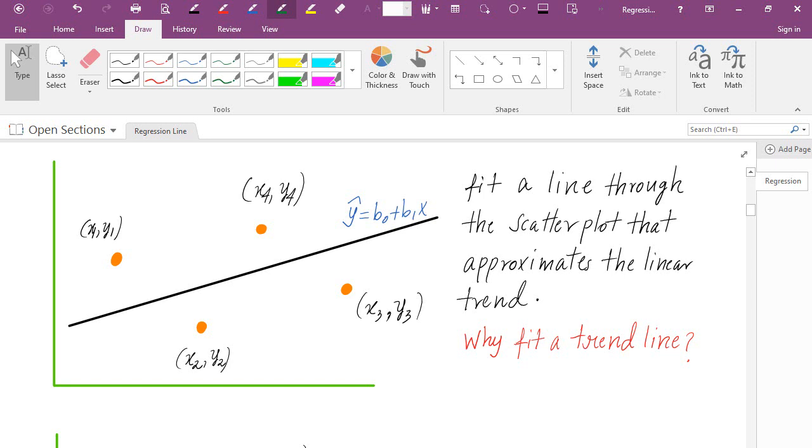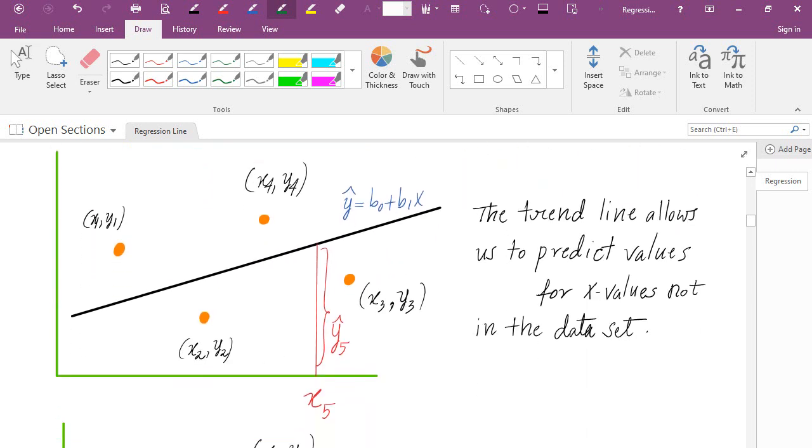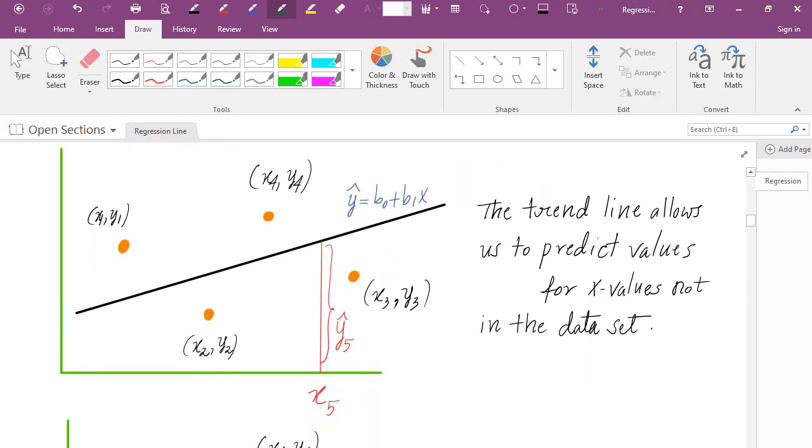Now you may ask, why do we want to fit a trend line? I'm going to call that a trend line. The trend line is the line that approximates the linear trend of the scatter plot. So why do we want to fit such a trend line? Well, the reason we want to do that is the following.